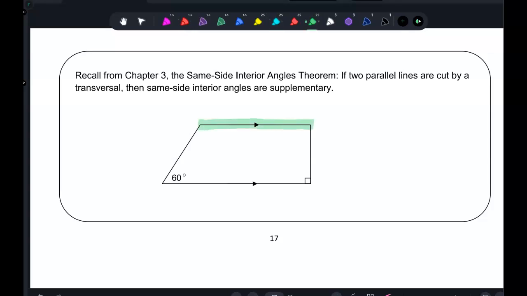So you see how here the parallel lines? That's going to make these 2 add up to 180 degrees. And then on this side, these 2 add up to 180 degrees. Okay, but in a trapezoid, the angles are not going to be congruent. They're going to be supplementary between the parallel lines.